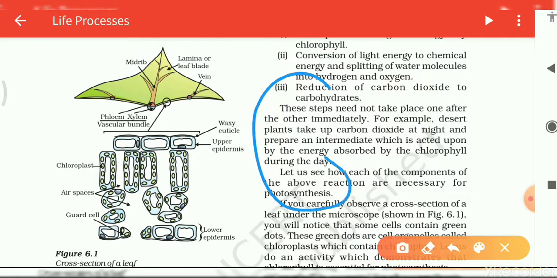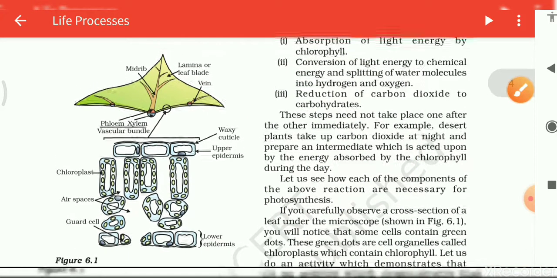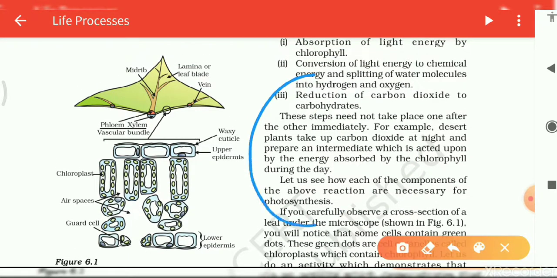The structure of the guard cells: this one is a guard cell, and the guard cells are present in the stomata, and they are kidney shaped. The shape of these two guard cells is kidney shape.